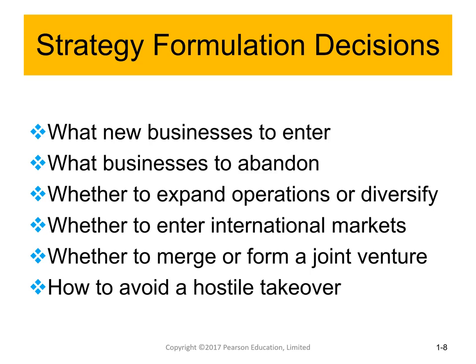In the event that the organization wants to diversify, how they are going to diversify, how they are going to expand their operations, what actions to take to enter international markets, whether the organization wants to merge with another organization or enter into some form of joint venture, and if the organization is subject to a hostile takeover, what efforts it can take to address concerns pertaining to this.